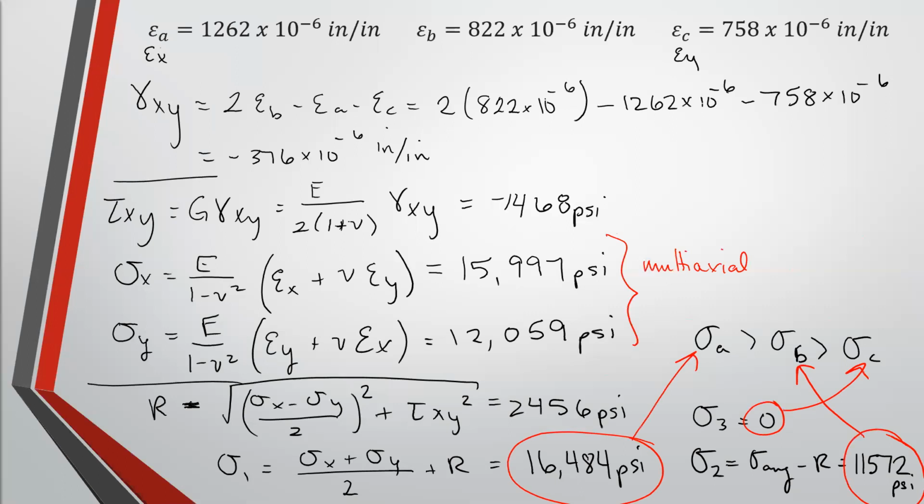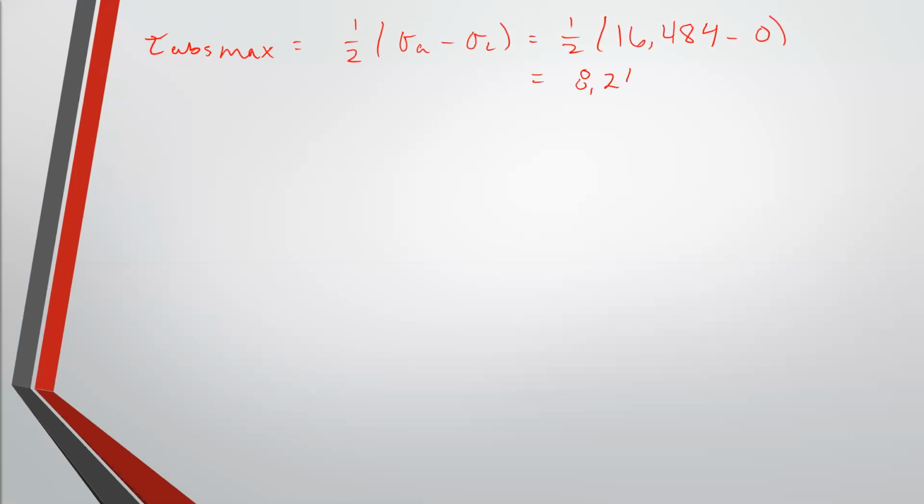Which means if we're calculating our absolute maximum shear stress, tau absolute max is 1/2 sigma A minus sigma C. That is 1/2 times the 16,484 minus 0, which is 8,242.